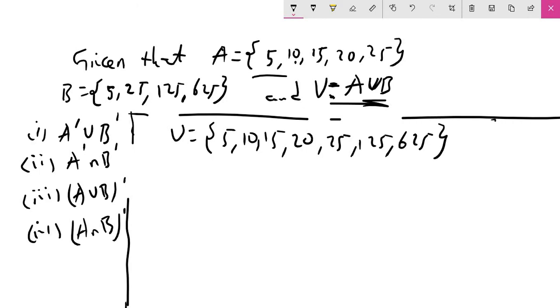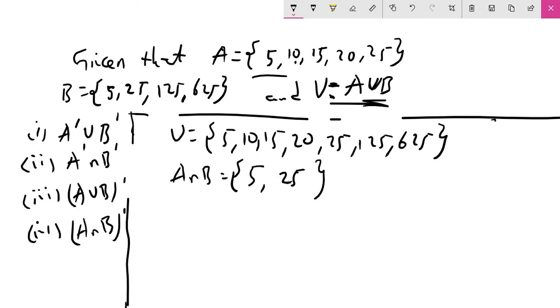Now A intersection B, elements in both A and B, that is, so we have 5, 25. So it's just 5 and 25, and we'll close it off like that.